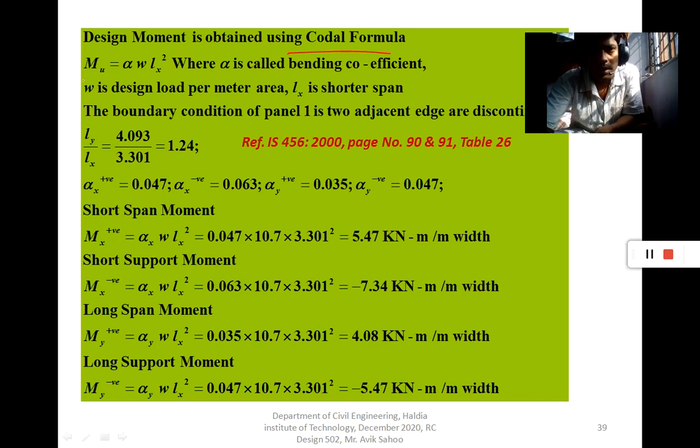The Caudal formula is Mu equal to alpha W Lx square, where alpha is called the bending coefficient, W is design load per meter area, and Lx is the shorter span. It is given in page 90.